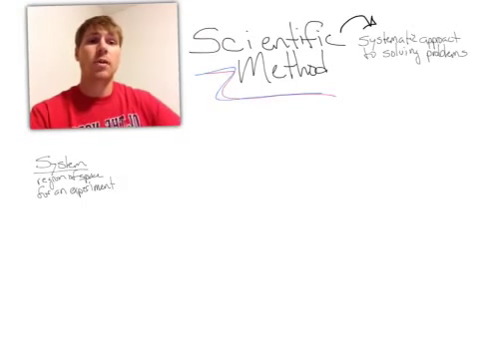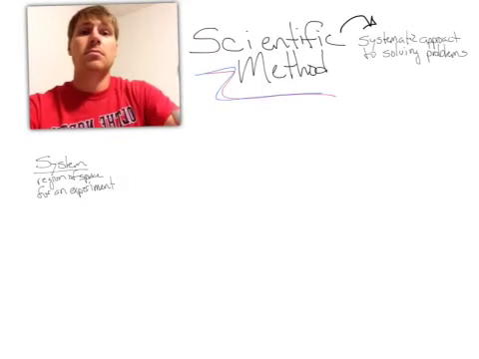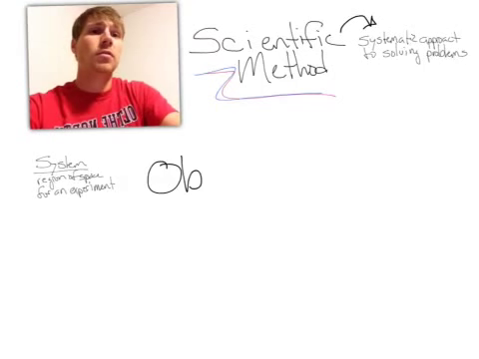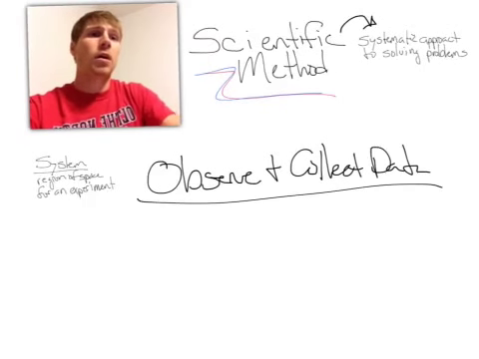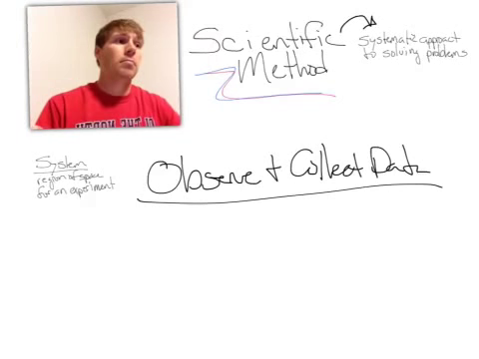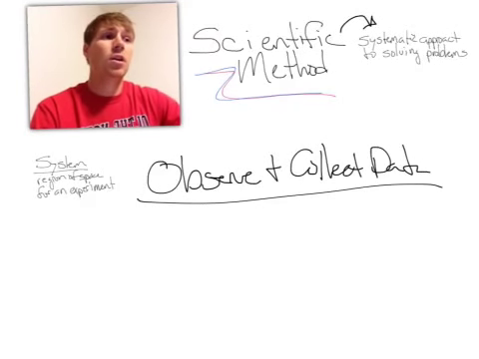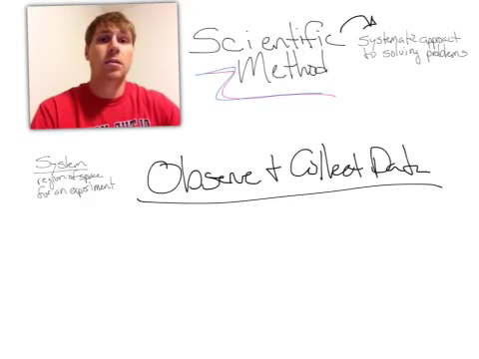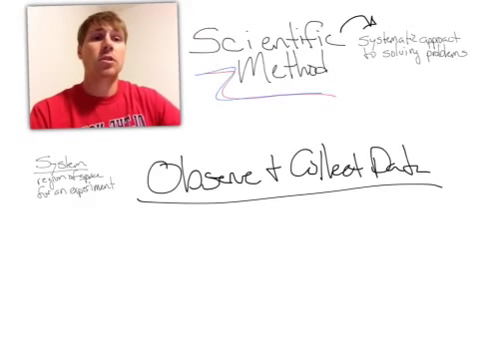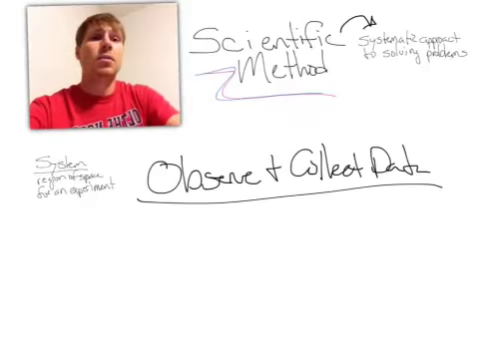So we're going to talk about all these different steps one by one. So first step is simply to observe and collect data. All right, now, observing and collecting data, it's just going to be watching. Now, we can get really, really detailed with that, or we can just watch and make general notes. There's two types of data that we're going to specifically look at.